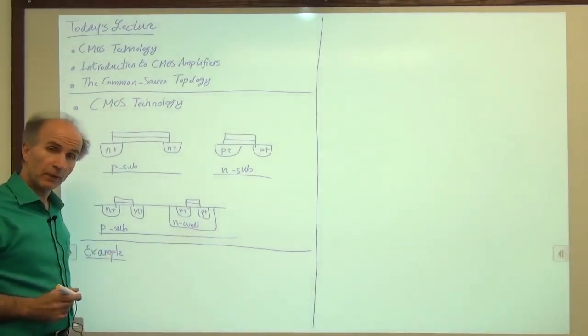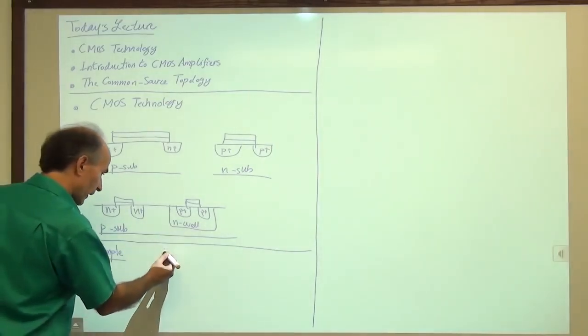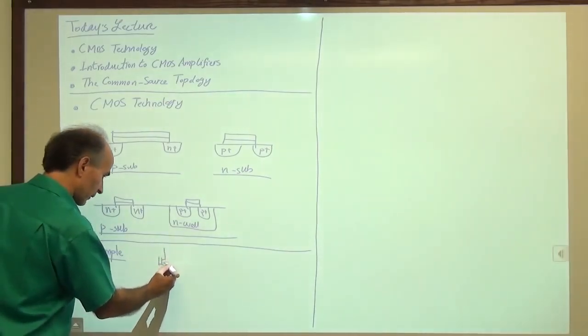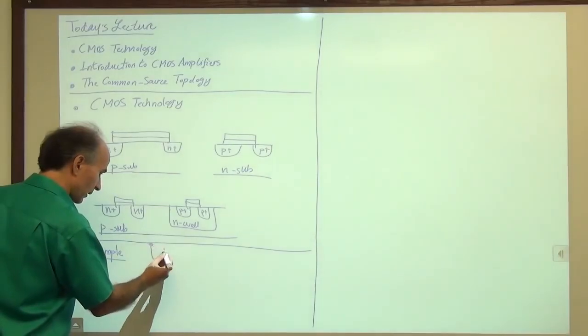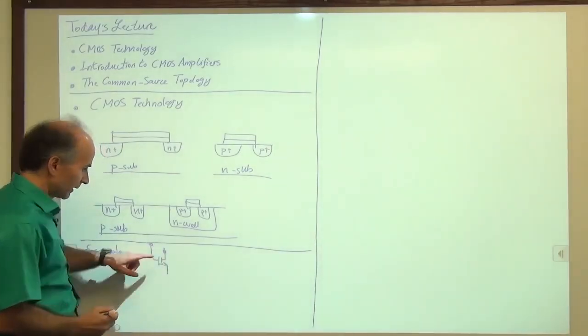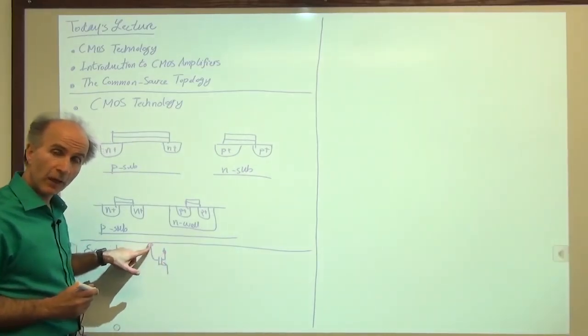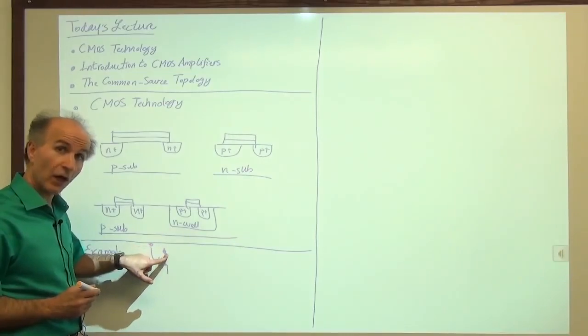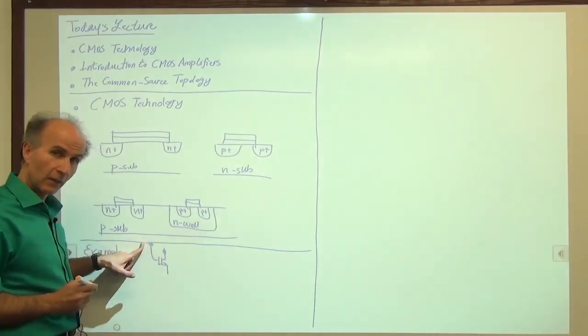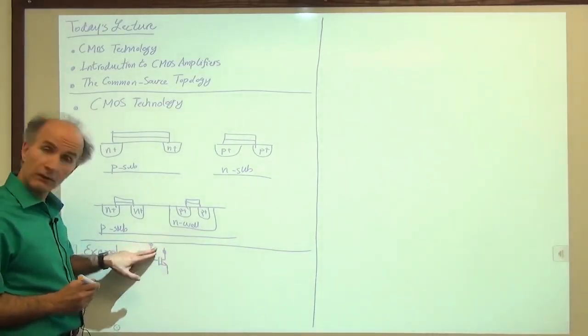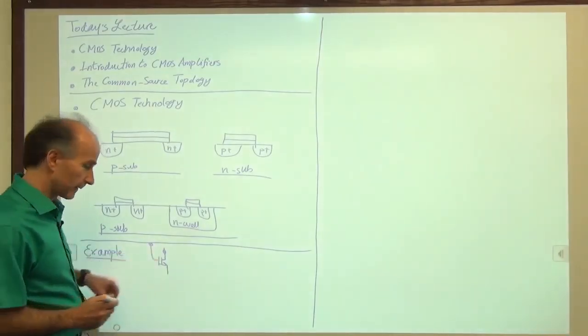Now, what we do remember is for an NMOS device to stay in saturation, we said that the drain cannot be lower than the gate by more than one threshold. All right? The drain cannot be less than the gate by one threshold. If the drain is too low, the device goes into triode region.